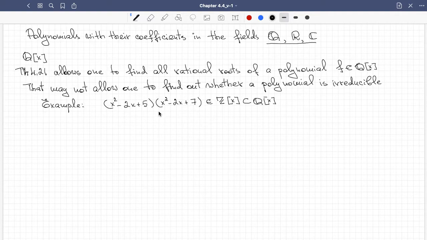It does not have rational roots, and if you don't know the factorization in advance, it is not an easy task to find it. Thus, a question about whether a polynomial in this ring is irreducible or not becomes quite difficult.